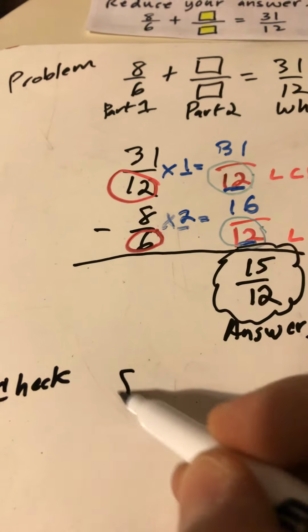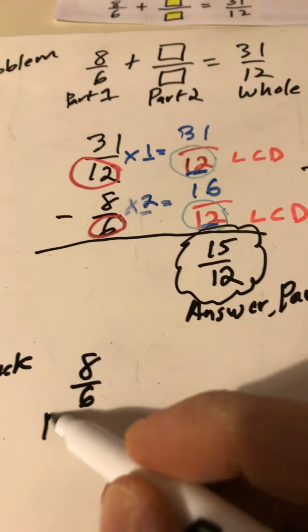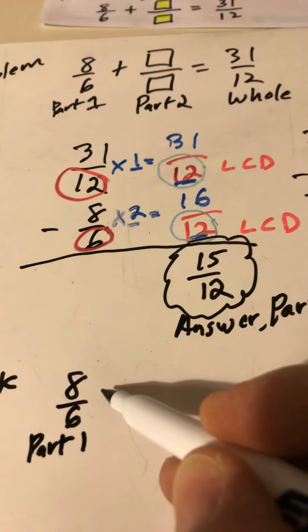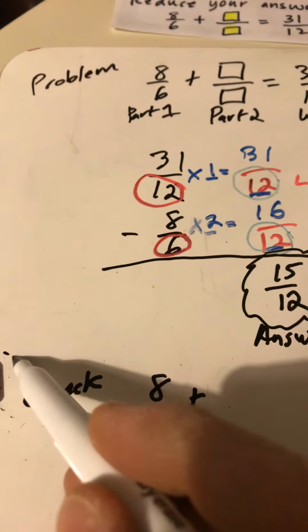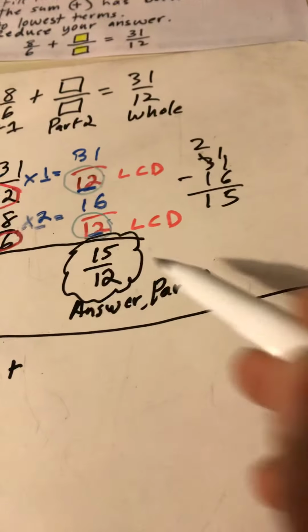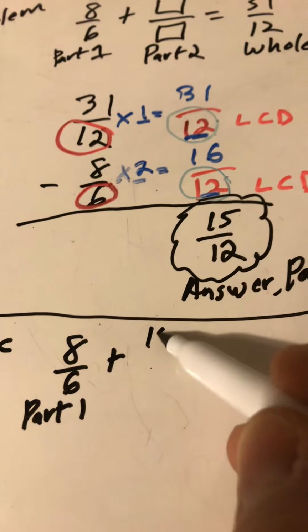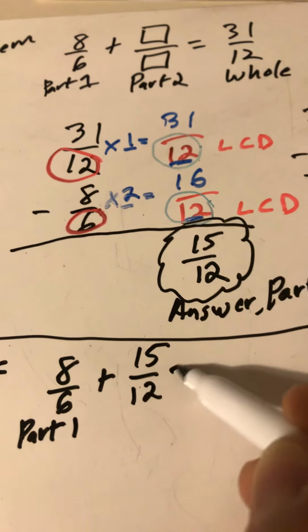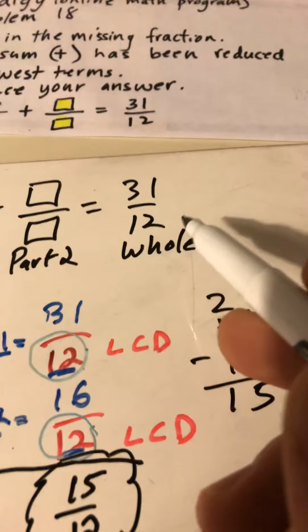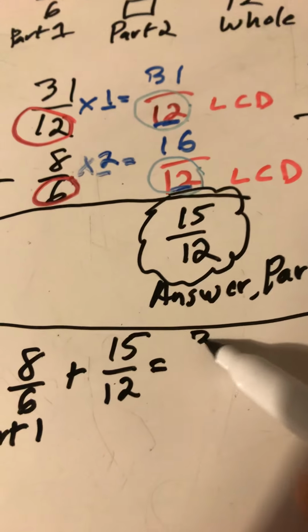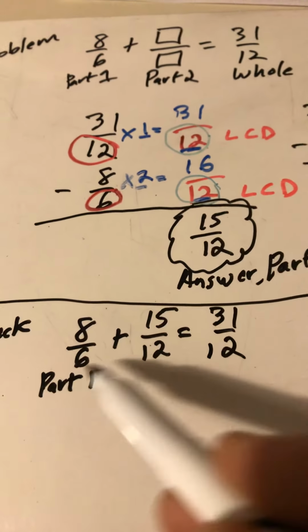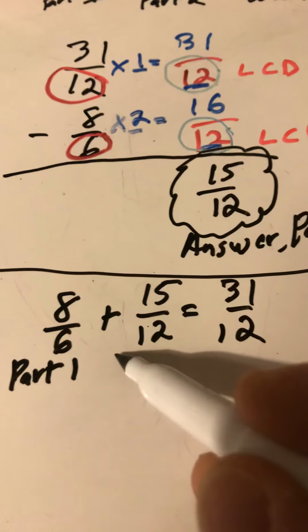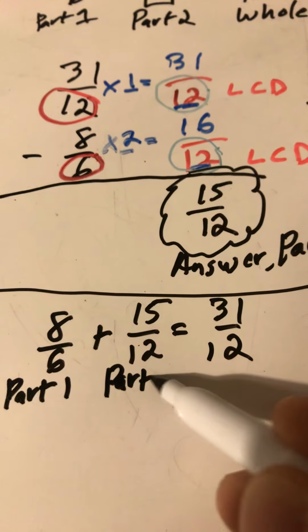So I'm going to do part 1 plus part 2, which I know is 15 twelfths, should equal 31 twelfths. Okay, so I'm going to add these two, and supposedly they'll give me that whole. So let me finish labeling this.